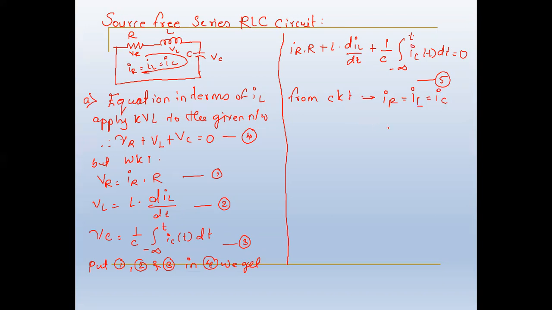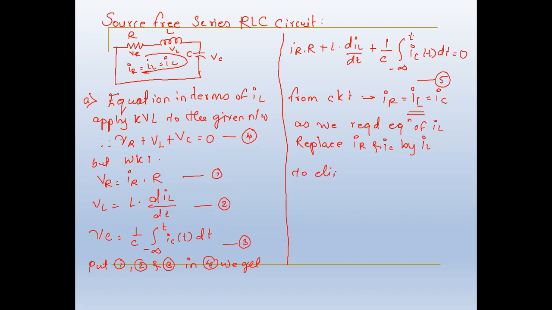So we want the equation in terms of IL. So by replacing IR and IC by IL, as we require the equation of IL, replace IR and IC by IL.